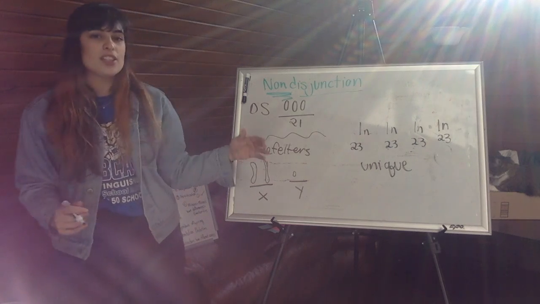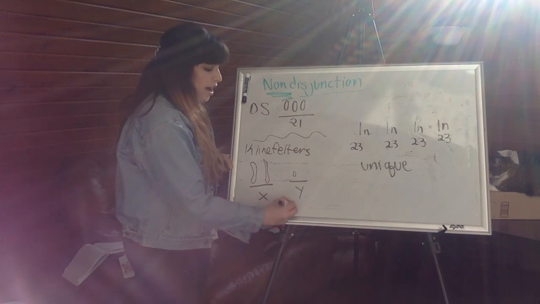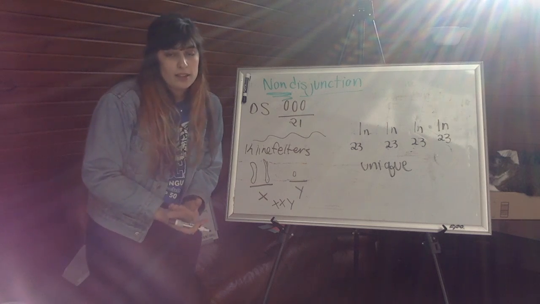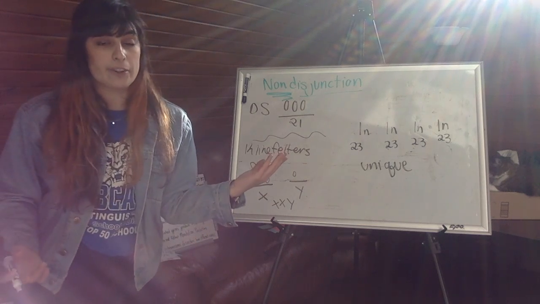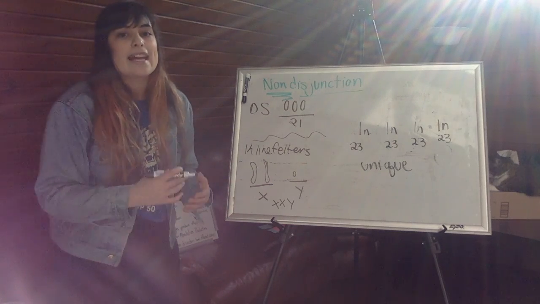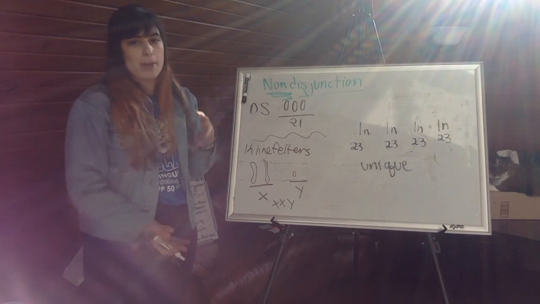So this person's genotype would be described as XXY because they have 2 X's and 1 Y. They're biologically male. They may have gotten 2 X's from mom and a Y from dad. They may have gotten 1 X from mom and an XY from dad, depending on who had non-disjunction happen during meiosis.